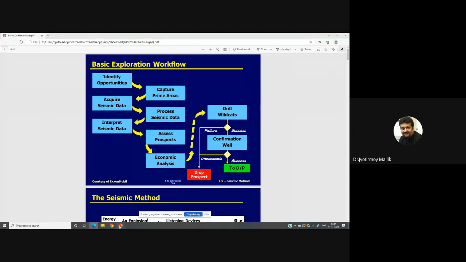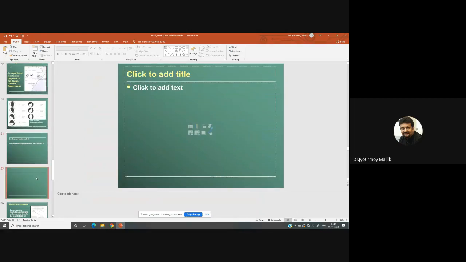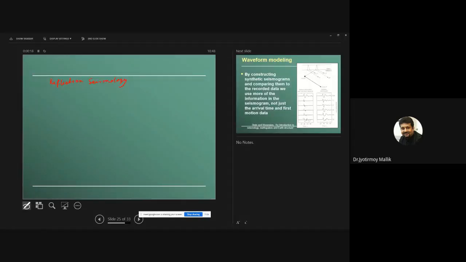Before we do that, let me just take another empty slide here and introduce what we are talking about. So the next thing we are going to look at is something called reflection seismology. Okay. This is also called exploration seismology.